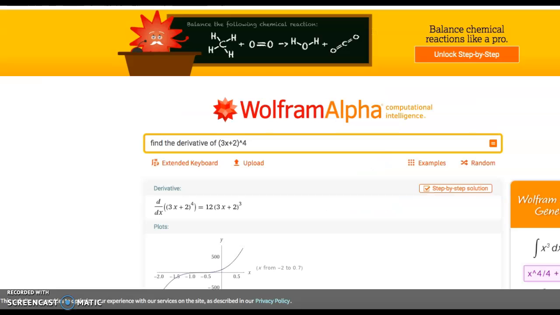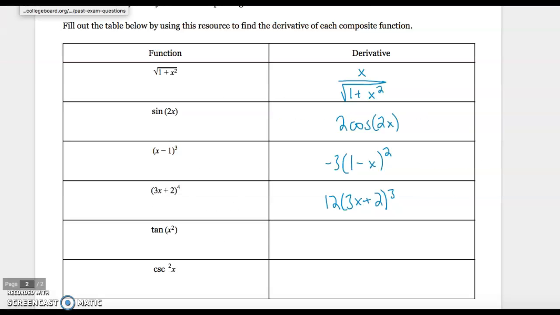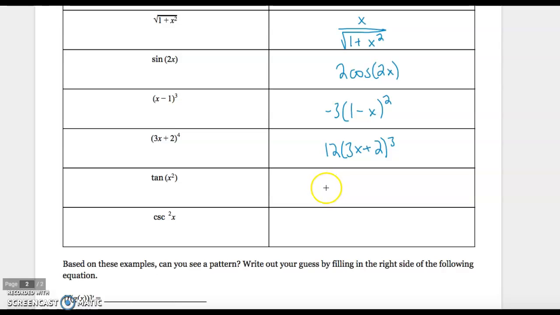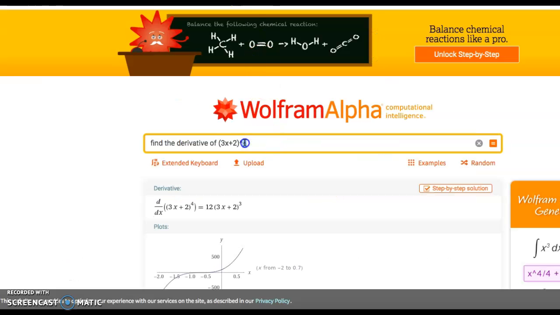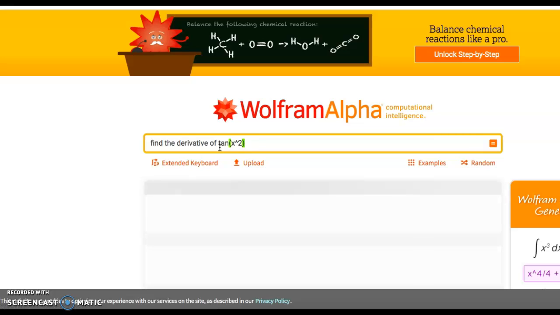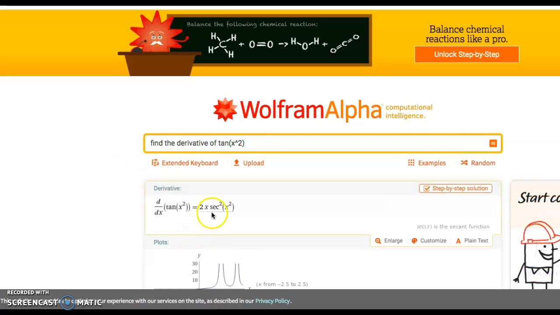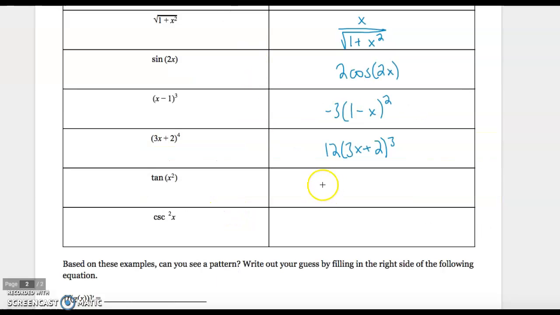Awesome. And then let's go ahead and look at the next one. For this one, we got tan of x squared. So we're finding the derivative of tan of x squared, which is 2x secant squared of x squared.